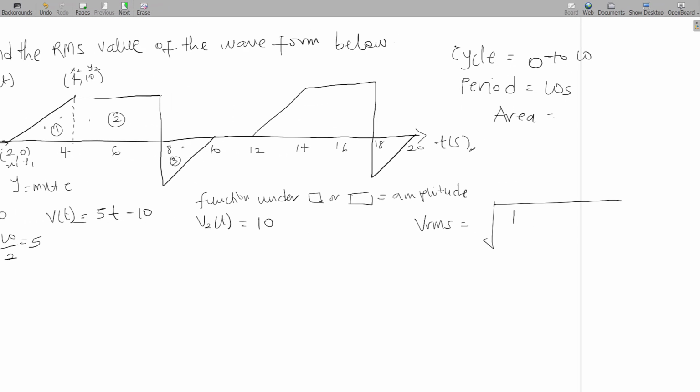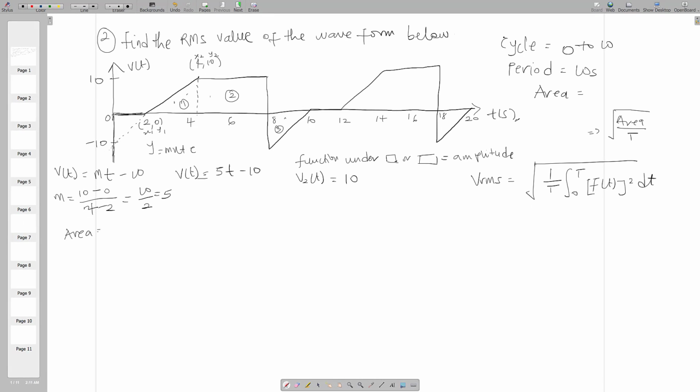So then from here we can find the area, but before that we know that to find the RMS value, it is 1 on T, integral from 0 to the period, you square your function like this, dt, which is also the same as the square root of the area by the period of the cycle. So then let's find the area under the cycle.